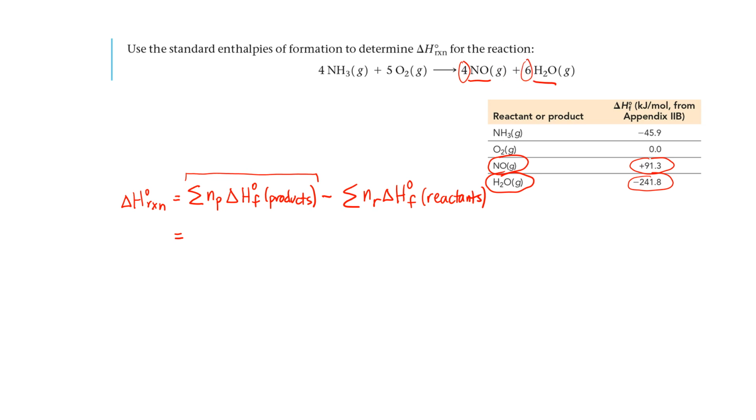So the first thing I'm going to do is look at NO. We're going to take 4 times the standard enthalpy of formation of NO gas, plus 6 delta H formations of water.